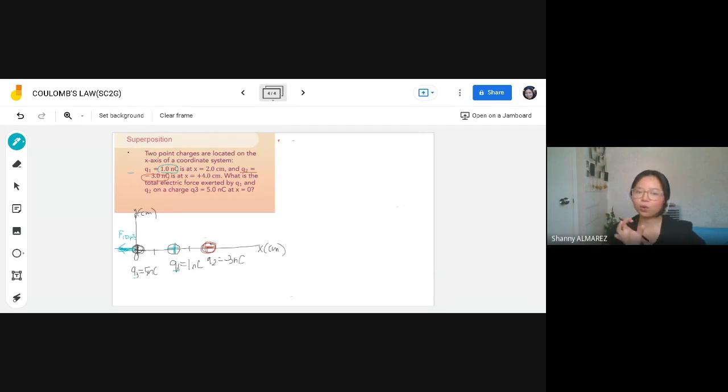Si Q3, kung ang mag-e-exert ng force ay si charge number 2, which is this, what will be its effect on Q3? Okay, attractive and to the right. Attractive and to the right.